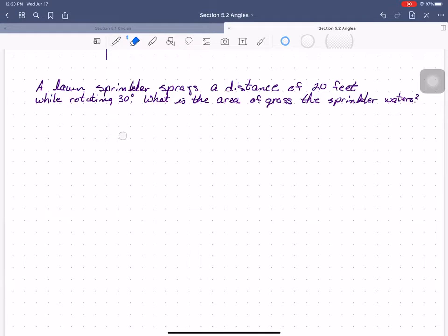So what we have is something that looks like this. 30-degree angle, a radius of 20 feet.